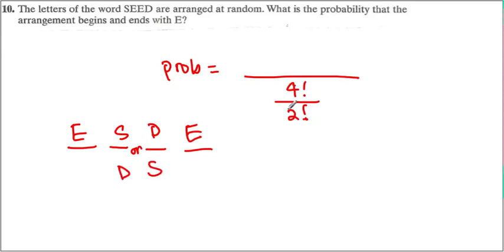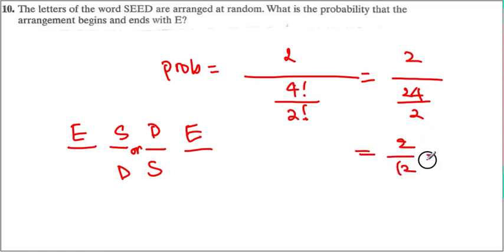We only have 2 possibilities. So our answer is 2 over 4 factorial divided by 2 factorial. Now, what is this equal to? 4 factorial becomes 24 over 2, which becomes 12, so 2 over 12, which is equal to 1/6. And that becomes your answer.